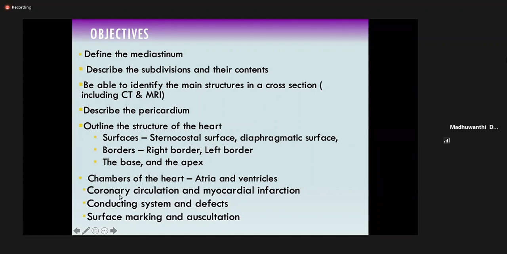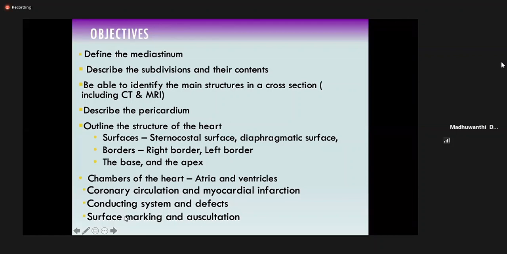So therefore, you have to learn about the coronary circulation in detail. And then another aspect is the conducting system of the heart and their defects. As a basis to learn the physiological activities of the heart, you will have to learn about the conducting system of the heart.